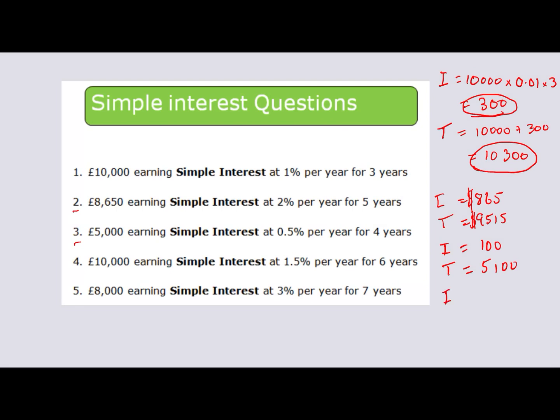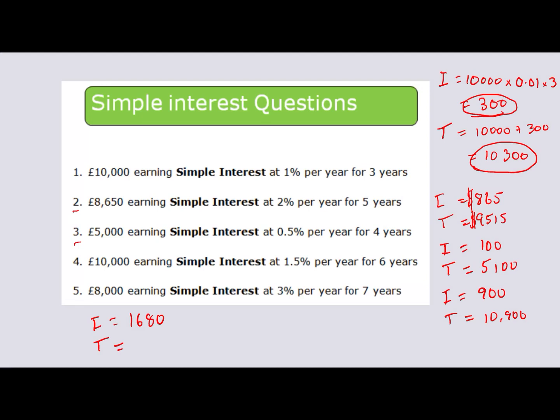That's number 3. Number 4 is 10,000 times 1.5%, which will be 0.015, times the number of years, which is 6. The calculator tells me the interest would be 900, so the total amount would be 10,900.